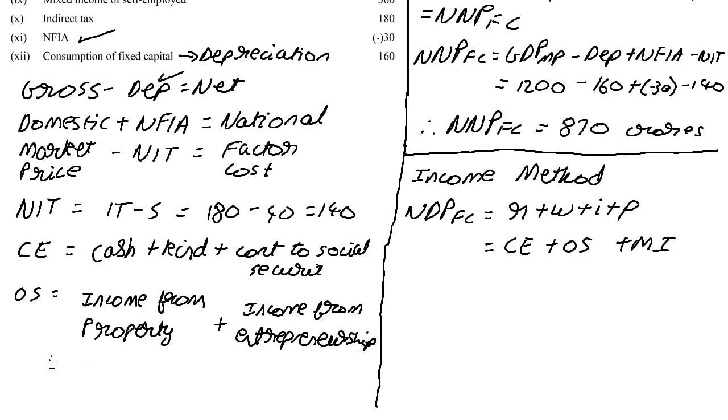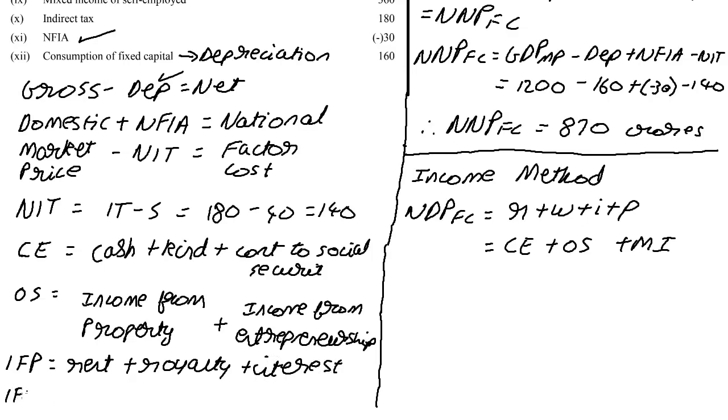And income from property in turn, I'm just going to do it in short, income from property is equal to rent plus royalty plus interest.